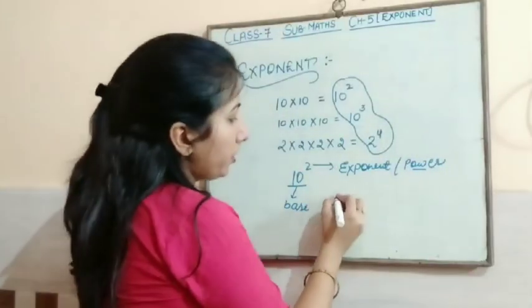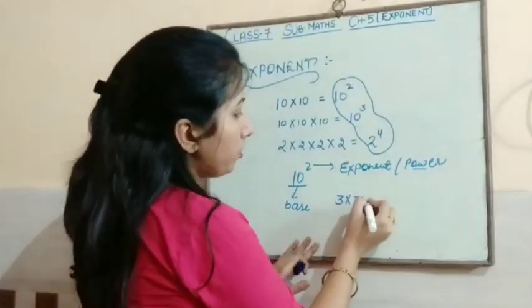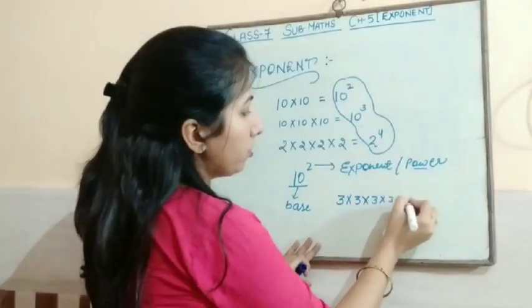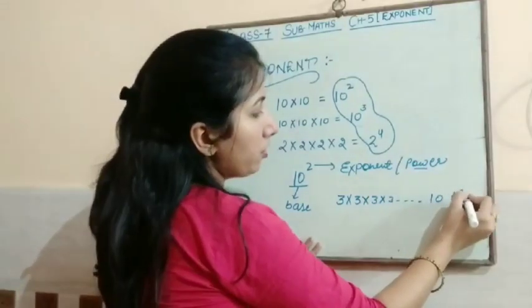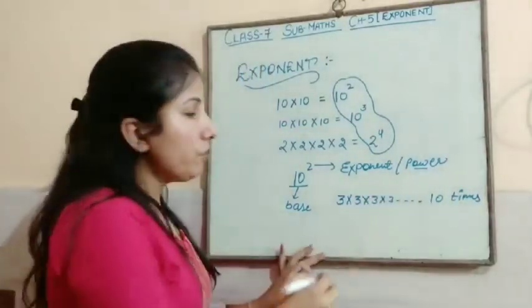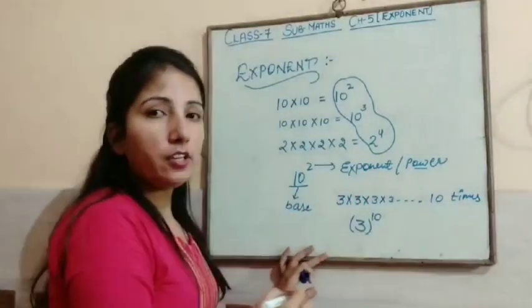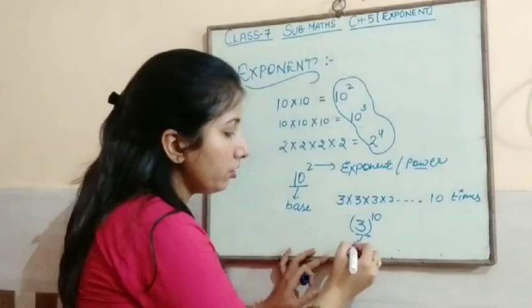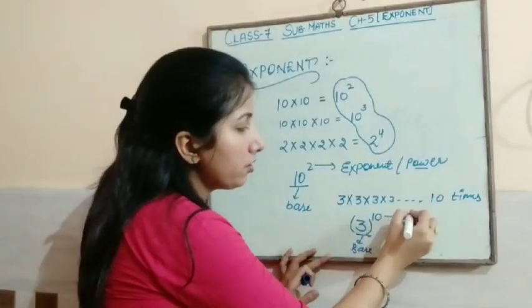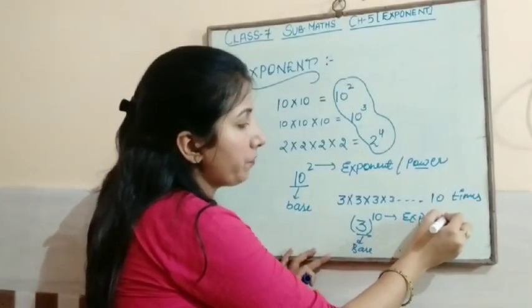Another example I'm taking here: 3 into 3 into 3 into 3, 10 times. And what will be its exponential form? We can write it as 3 to the power 10. Here the base is 3 and 10 is the exponent.